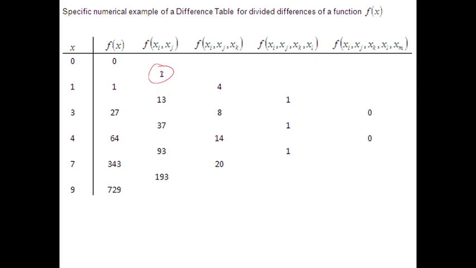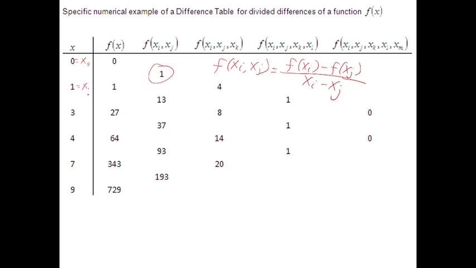By formula, f of x sub i, x sub j is the formula for the first order divided differences of the function. That is f of x sub i minus f of x sub j over x sub i minus x sub j. So in that case, this is x sub 0.